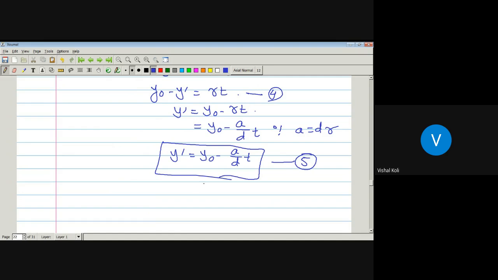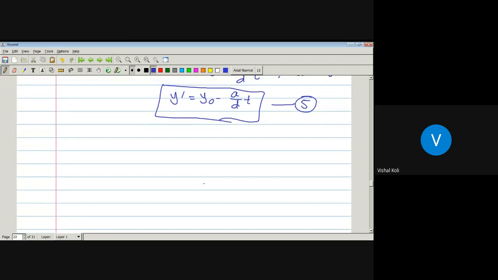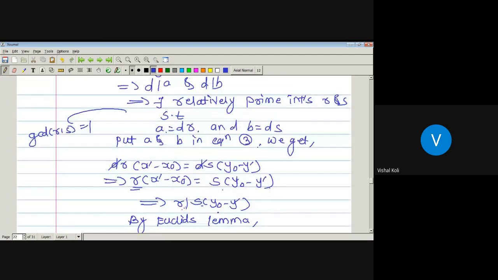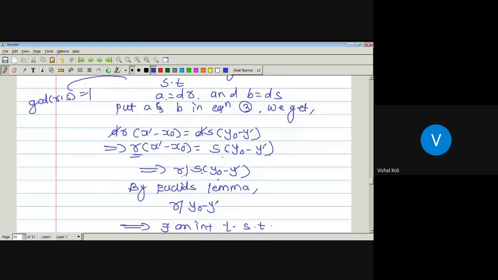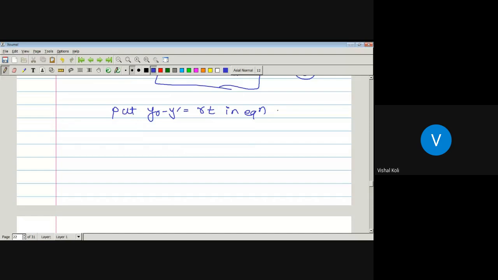Okay, so here we will get the value of y dash. Now it remains to find out the value of x dash as x naught plus b upon d into t. Now put y naught minus y dash is equal to r into t in equation star.